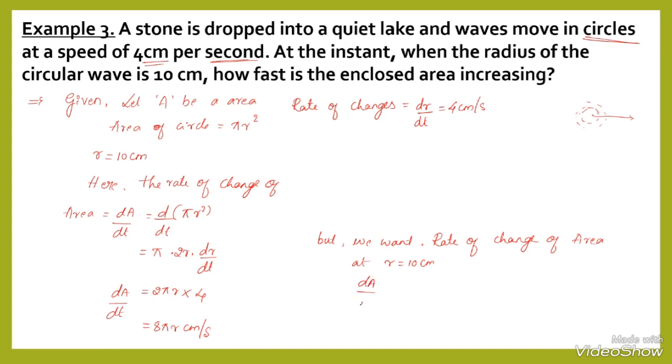Therefore, dA by dt at r equal to 10 is 8 pi into, in place of r, we substitute 10. Therefore 8 into 10, 80 pi centimeter square per second. Here the area will be in centimeter square; we have to mention the units.